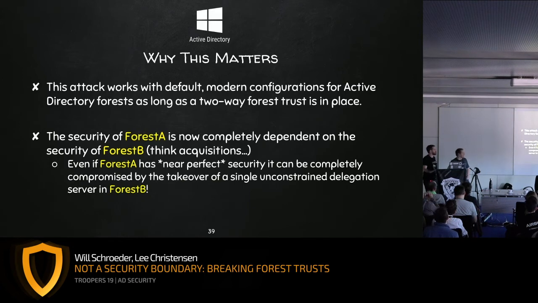Even if Forest A has near perfect security, with default configuration, no other users, and very few moving pieces, if something in Forest A is compromised, then you can compromise Forest B.